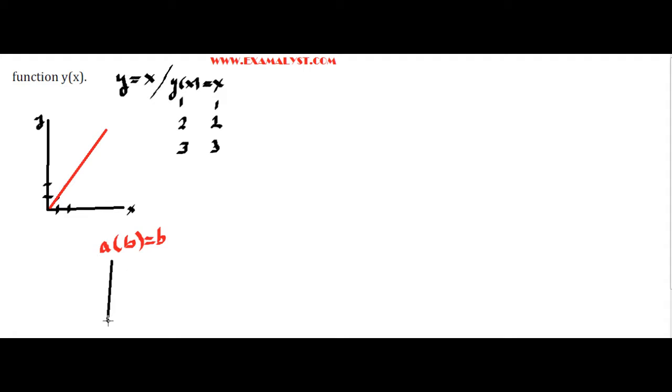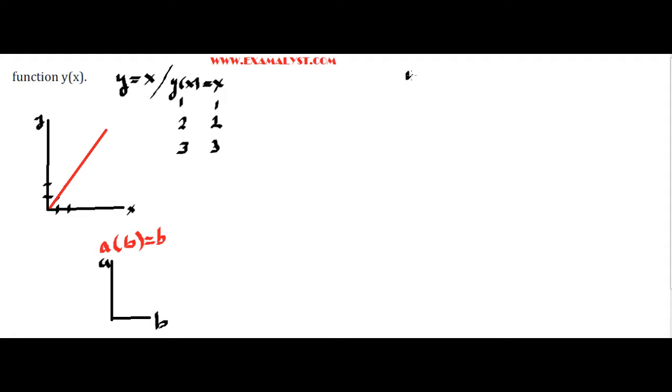In this case you have to draw the same graph and the labels will change. Here instead of y I have a, and instead of x I have b. The thing is the same whatever you do. So this is graph number 1.